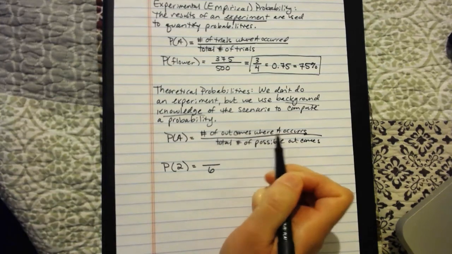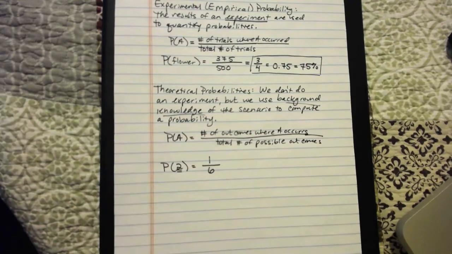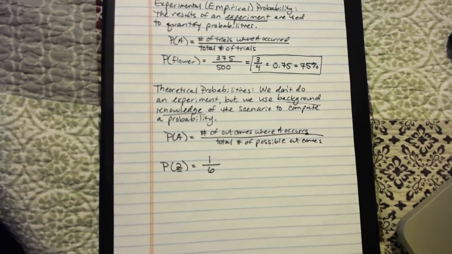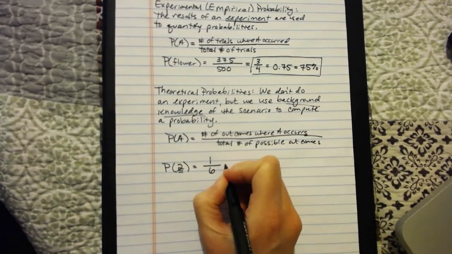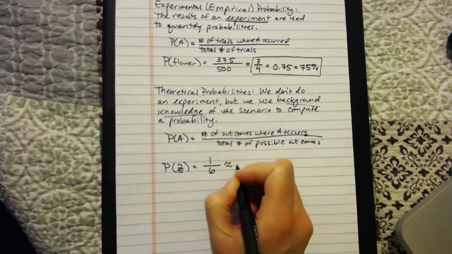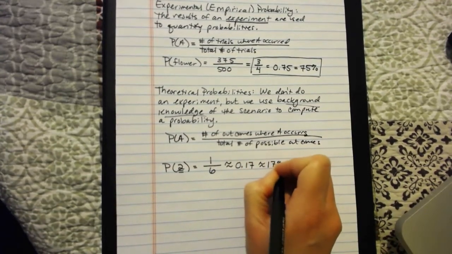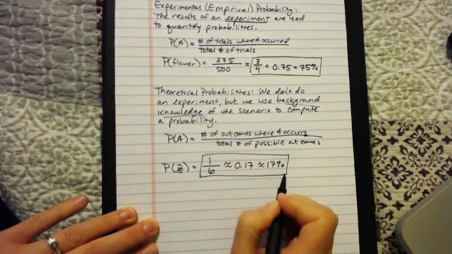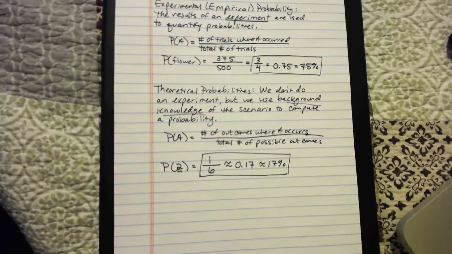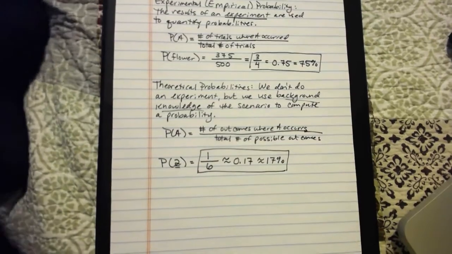The number of outcomes where I get a 2, there's only one of those on a 6-sided die, so my theoretical probability would be 1 in 6, which is a fraction in lowest terms. If you wanted this as a decimal, it's about 0.17 if you round, which is about 17%. Okay, so notice in theoretical probability, we don't do any kind of experiment. We just have enough background knowledge that we can answer the question.